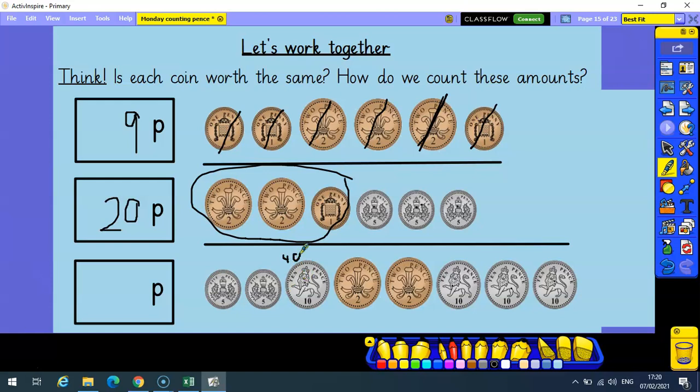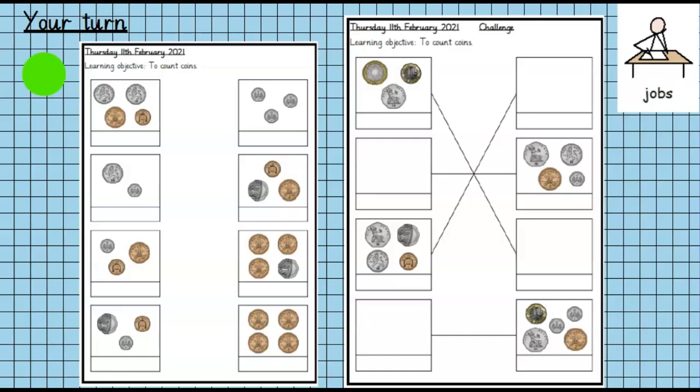What do you notice about the next thing? Using your number bonds, 5 and 5 makes another 10, doesn't it? So we've actually got 10, 20, 30, 40, 50, 5 tens, and 4 ones.